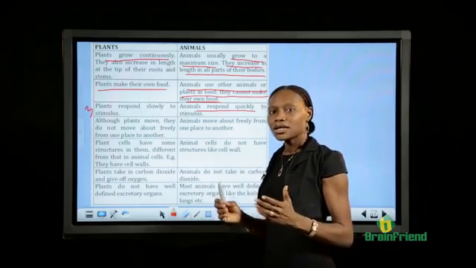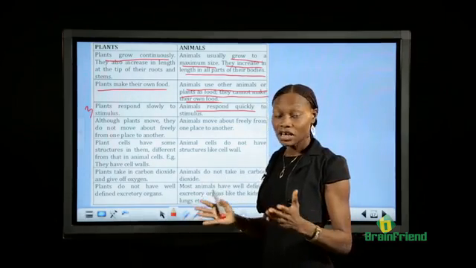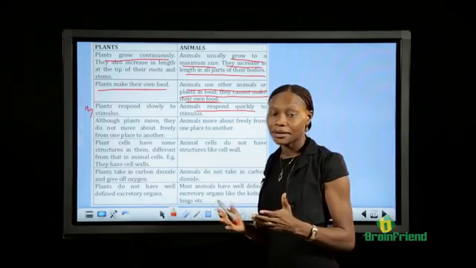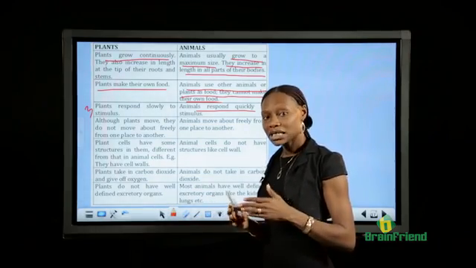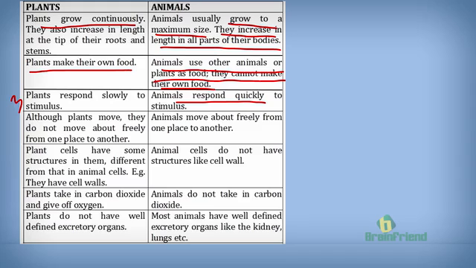But the plant does not move, it stays there. The best it can do is close. It does not respond to stimuli quickly. Although plants move, like I've earlier explained, they do not move about freely from one place to another. But animals, we move around very freely from one place to another.